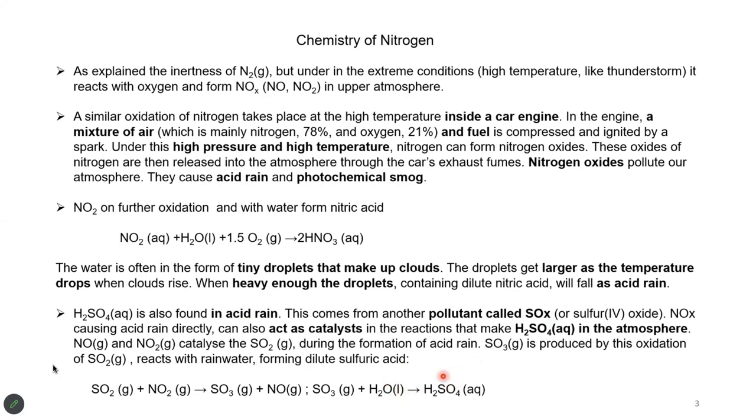Sulfur dioxide, with nitrogen oxide, goes to sulfur trioxide, and then sulfur trioxide with water gives us aqueous sulfuric acid. This aqueous sulfuric acid and aqueous nitric acid form the acid rain.